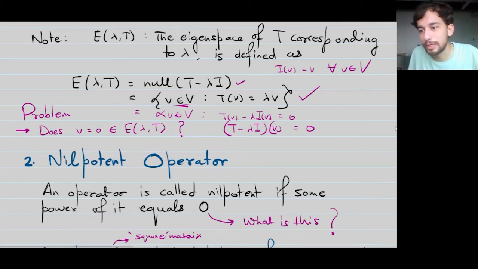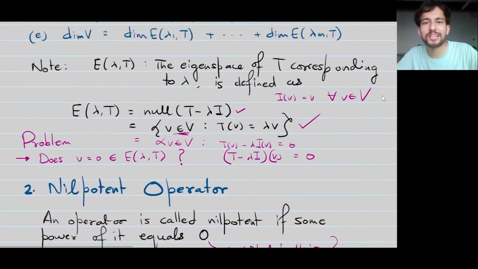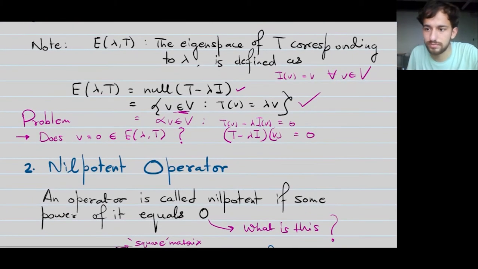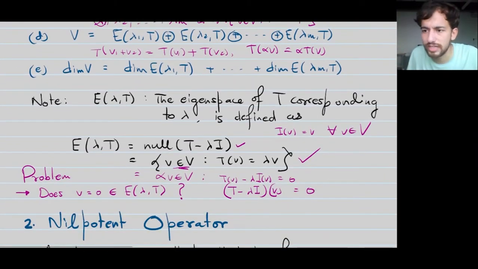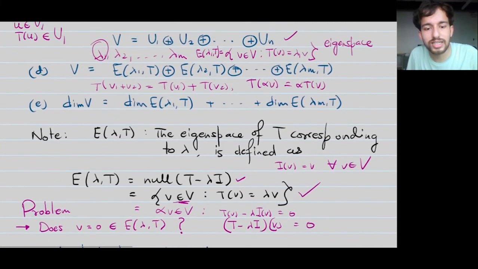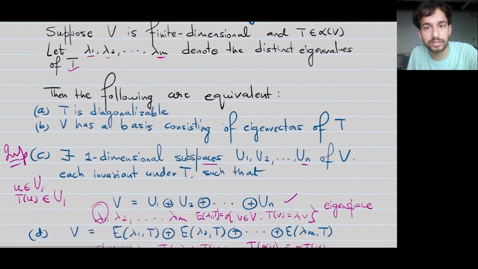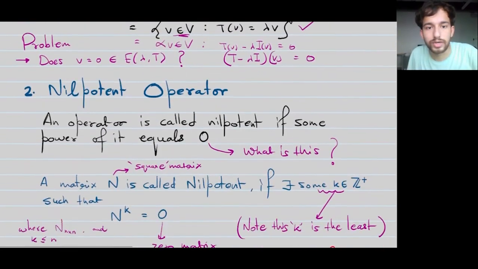It's pretty straightforward, but you should answer me in the comment box whether all these eigenspaces will contain the zero vector or not. It is pretty trivial. Try to give your justification: if they are there, why they should be, and if they are not there, why they should not be. If I repeat again, this is the collection of all those vectors which satisfy this condition, to be very precise. In such cases we say that a linear operator is diagonalizable if it satisfies all the previous definitions. Then all these are equivalent. It satisfies these also.